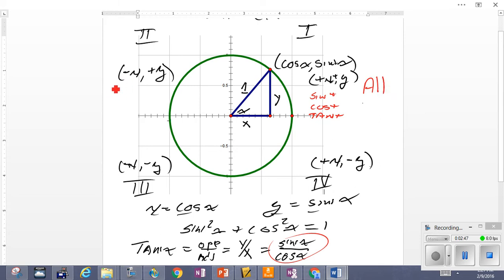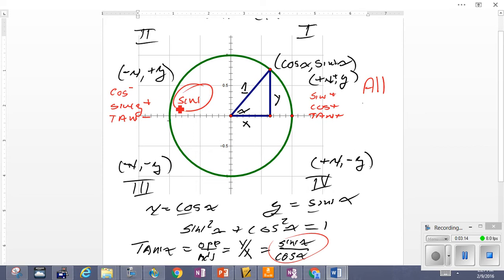In quadrant 2, we see that the cosine, which is synonymous with x, is negative. The sine, which is synonymous with y, is positive, and of course a positive over a negative for the tangent would also yield us a negative. So in quadrant 2, the sine is the one to remember as being positive.